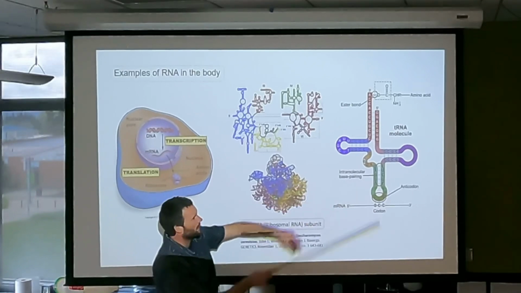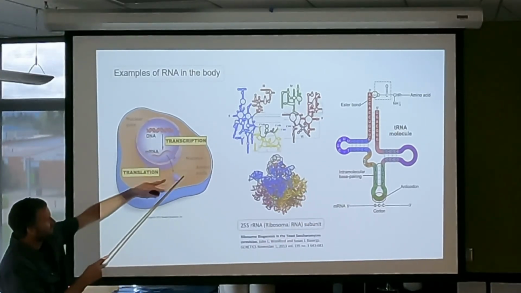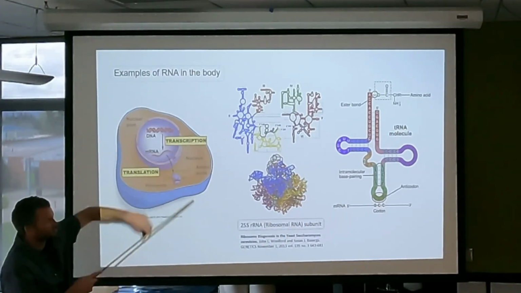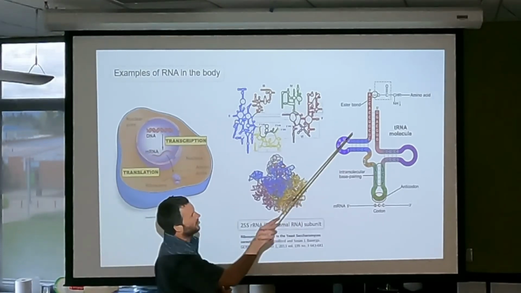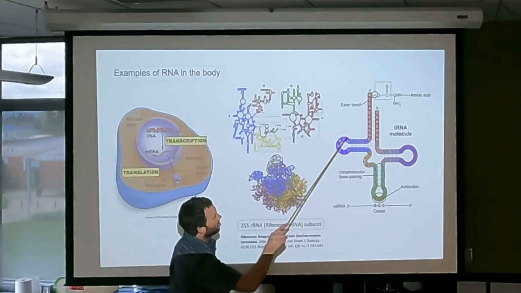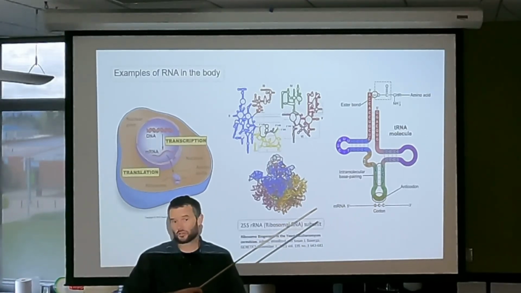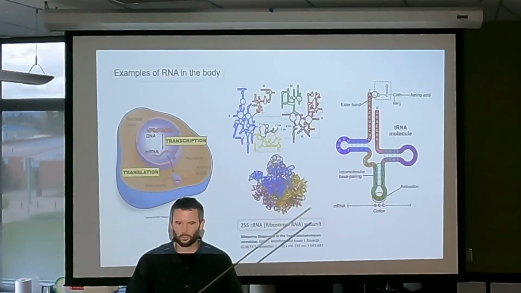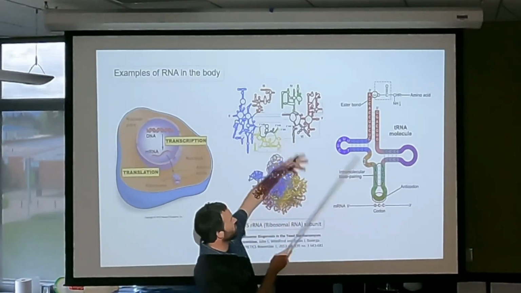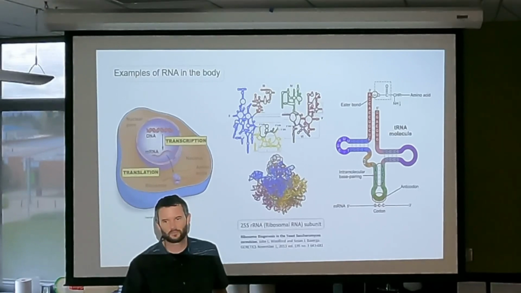This is a tRNA molecule, which delivers the individual amino acids to this structure here. And again, this is a single strand of RNA, but it folds back on itself to form this three-dimensional structure. So how is it able to fold back on itself and form this three-dimensional structure in both of these cases?